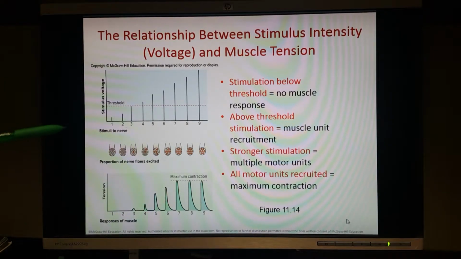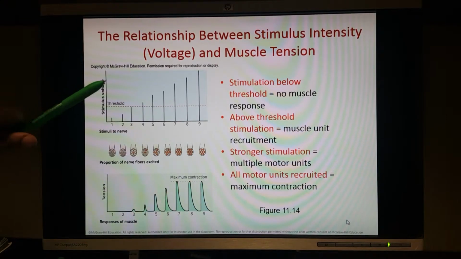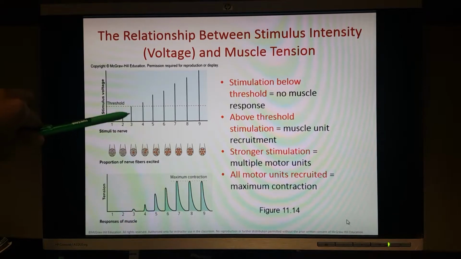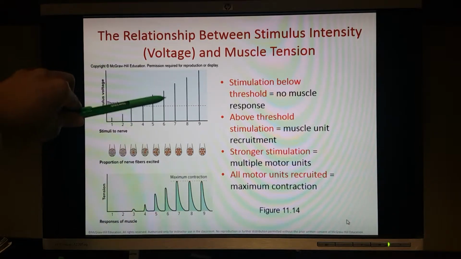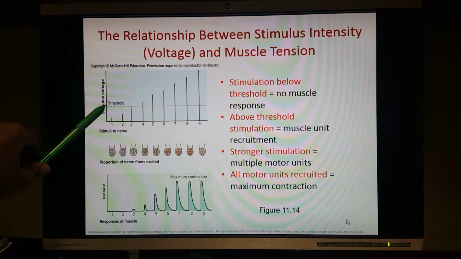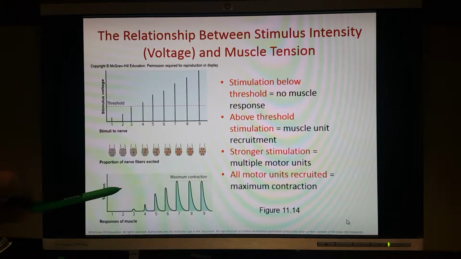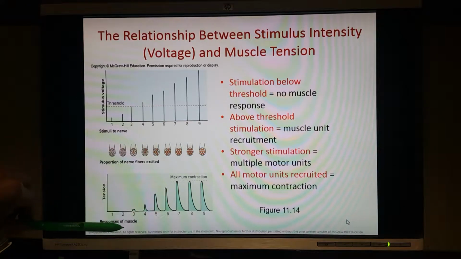Up top, we have the relationship of looking at our stimulus voltage, each one showing an increase in voltage for a stimulation, with the dashed line being threshold. Down here are the resulting contractions, or not, or muscle twitch of that muscle.